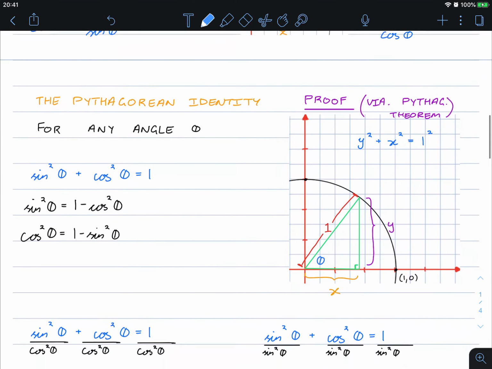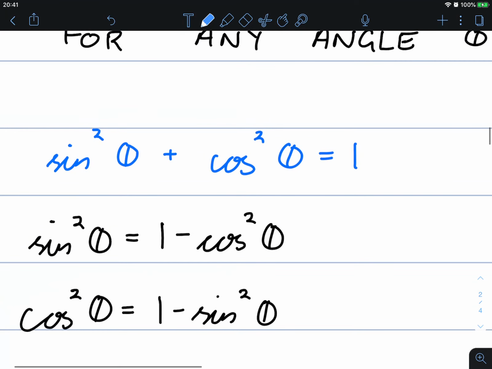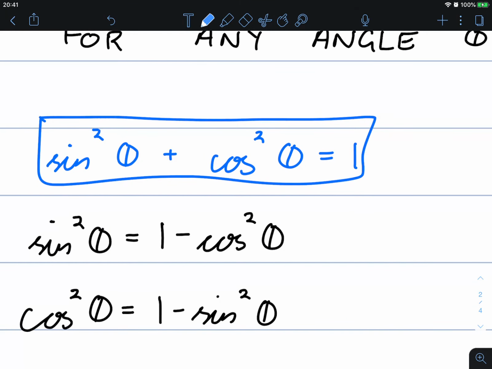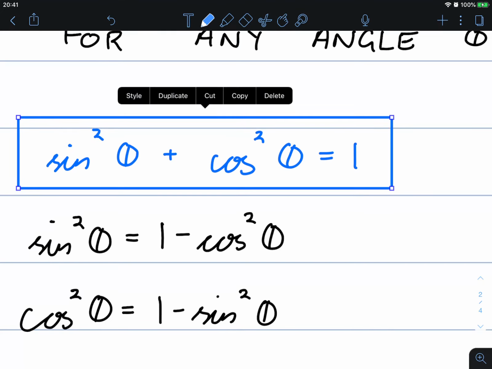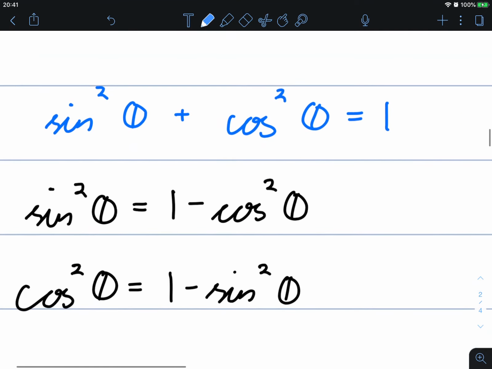One last identity, it's called the Pythagorean Identity. It's this very special one here. Please be very familiar with this one because it'll be used a lot. Sine squared theta plus cos squared theta equals 1. And we can also find other resulting identities from this.